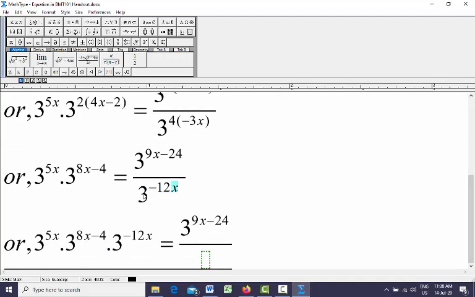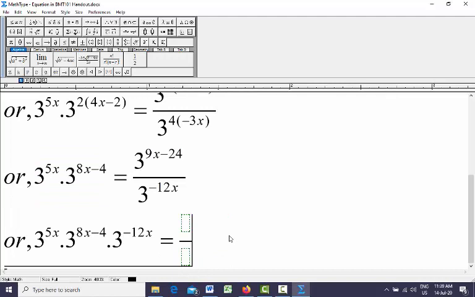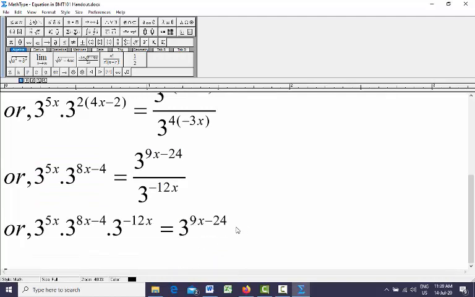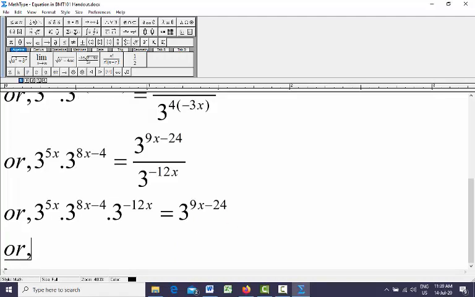So if you do cross multiplication, this one will be multiplied by these two, right? And we will get something like that. So what we will have, 3 power 5x.